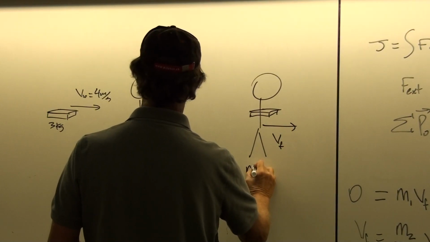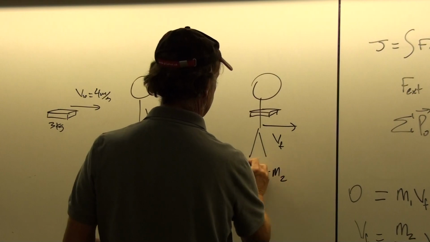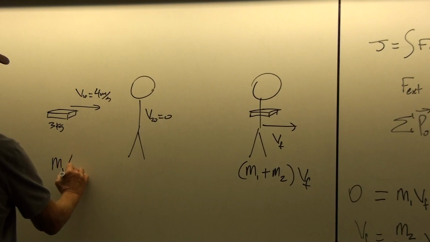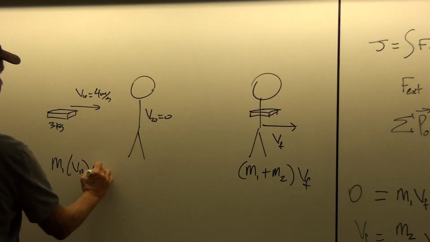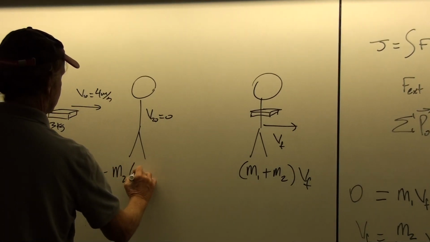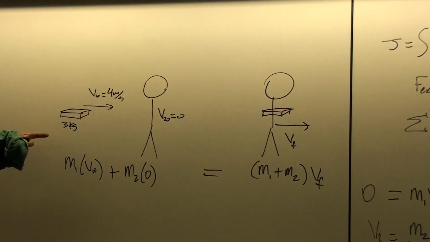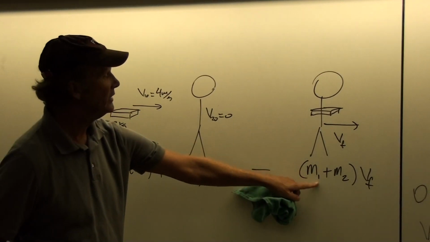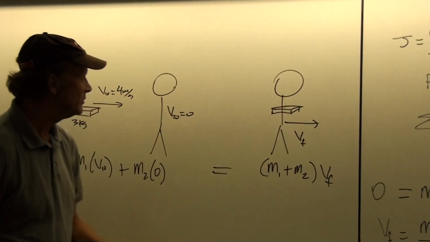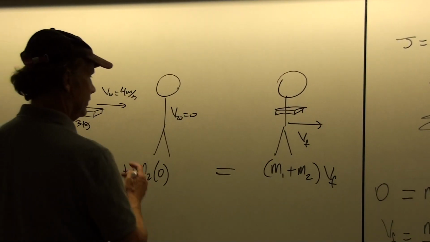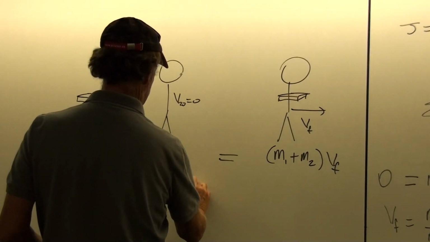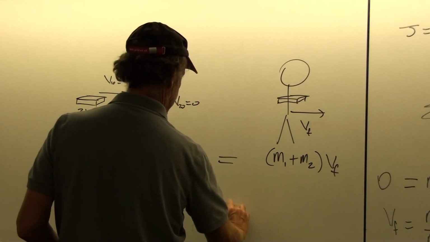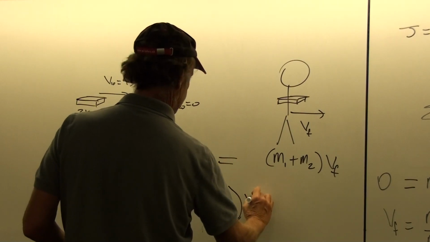And so this is going to be M1 plus M2 times V final. Whereas here, this is just M1 times V1 initial plus M2 times 0. So this is our initial momentum, small mass times a relatively big velocity. After we catch it, bigger mass times a smaller velocity. So solving this for V final, we get V final is equal to M1 divided by M1 plus M2 times V1 initial.